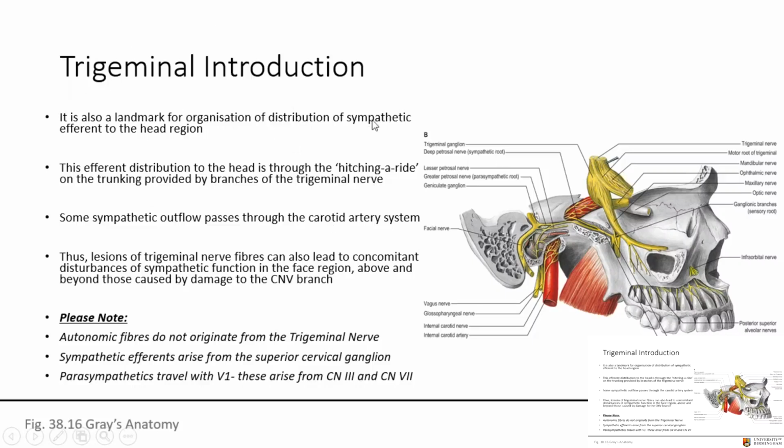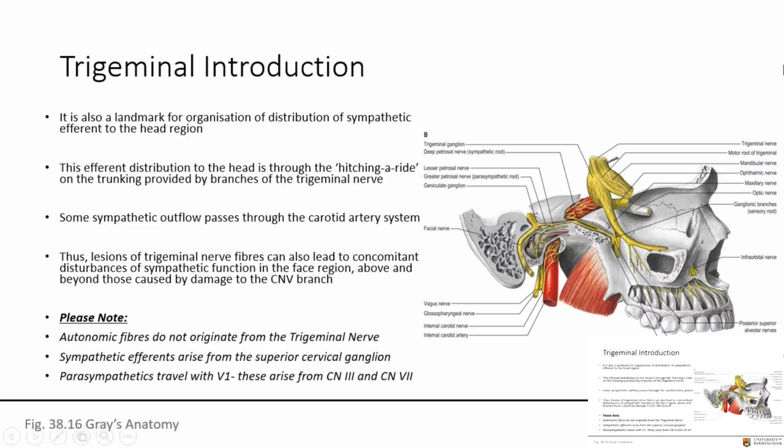Right, so the trigeminal nerve will carry only sensory and motor fibers. But there are other fibers that will be hitchhiking on this nerve, traveling alongside it to reach the target organ. Remember that the trigeminal nerve is a landmark for the organization of the sympathetic efferents to the head region.